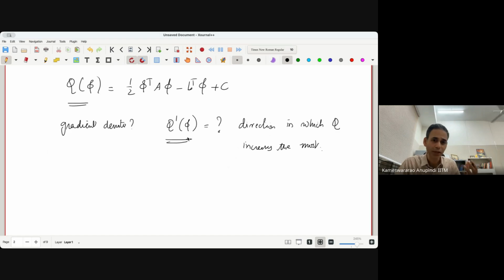So the derivative of Q of phi, or the gradient of phi, is telling you the corresponding i, j, k components.